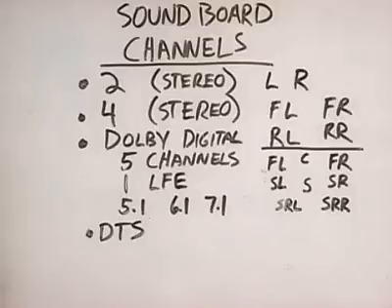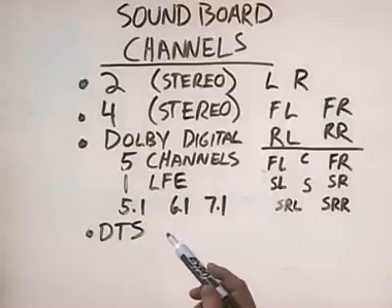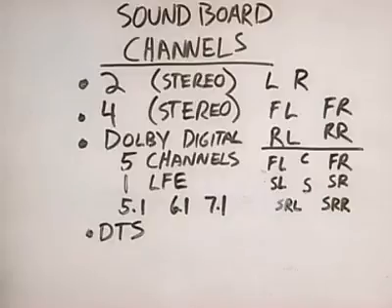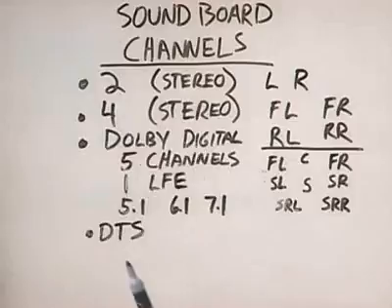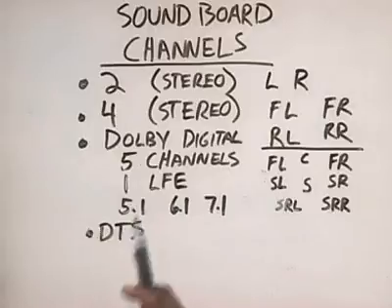In order to have a DTS system, you have to have a DTS compatible soundboard, and you also have to have DTS compatible audio speakers. I have seen some implementations of software DTS emulation, which allows you to simulate DTS quality sound on 2-channel stereo audio soundboards. It's good, but it isn't nearly as good as the real live DTS 5.1 channel implementation.